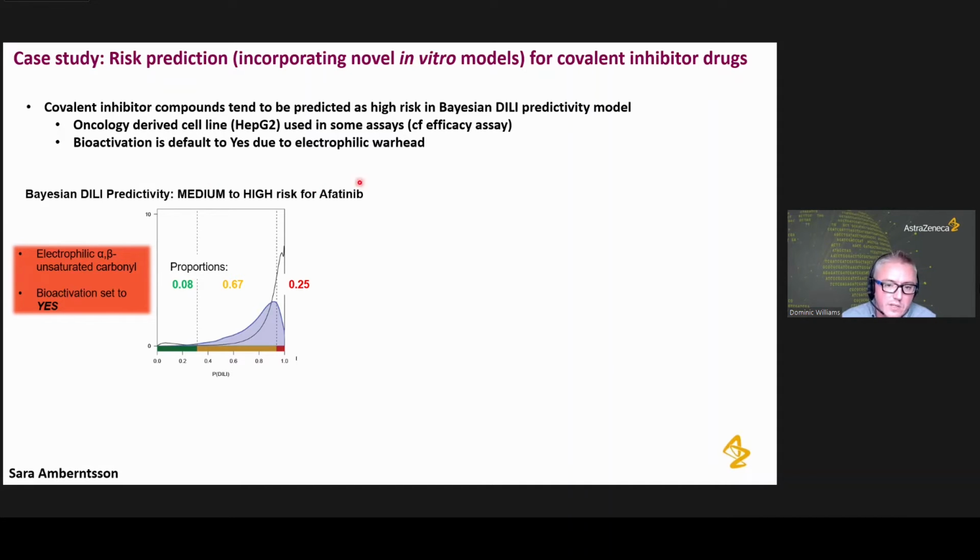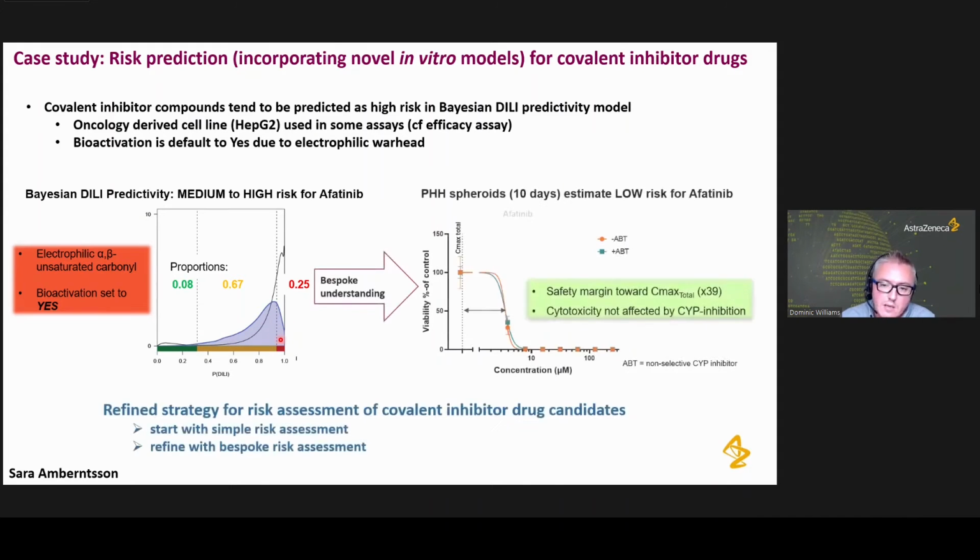So here's an example using afatinib. This is an electrophilic alpha-beta unsaturated carbonyl compound. Bioactivation is set to yes within the Bayesian model, and we get an idea of relatively high, medium to high risk. But then when we use primary human hepatocyte spheroids cultured for 10 days, here we get a change in the risk assessment, because we can see that the cytochrome P450 inhibition doesn't affect the cytotoxicity profile, but we also have quite a significant safety margin towards the Cmax.